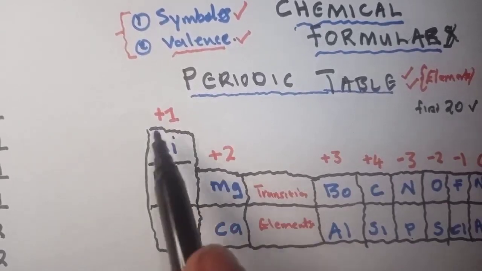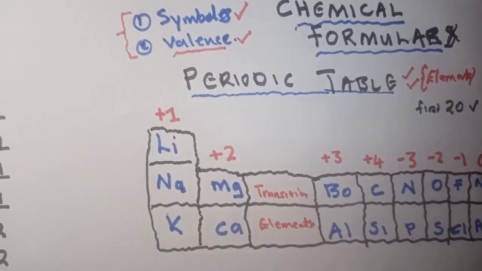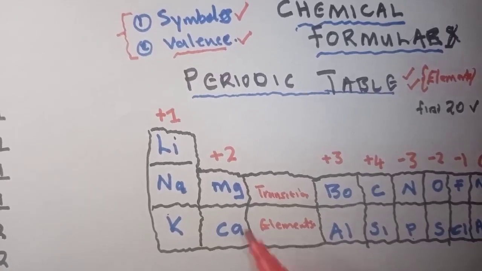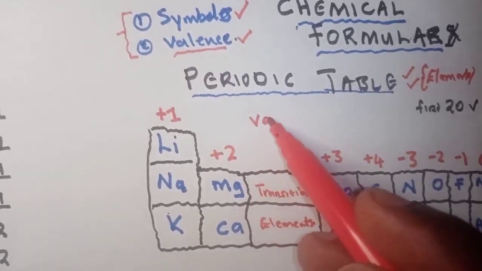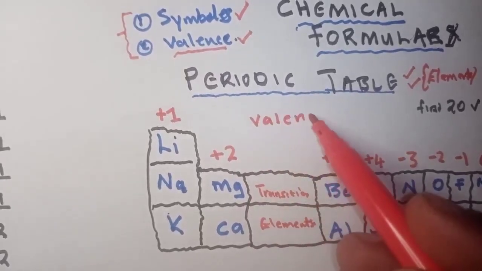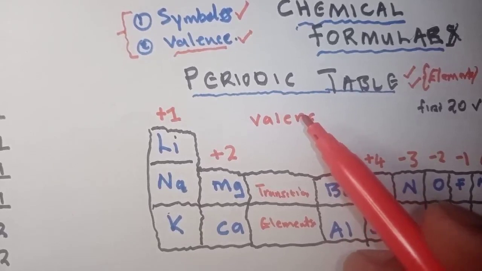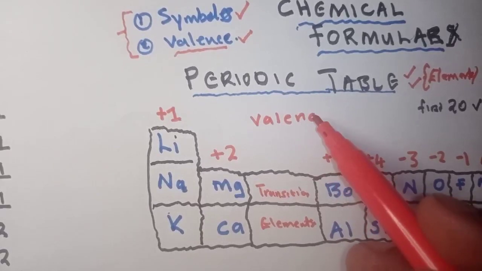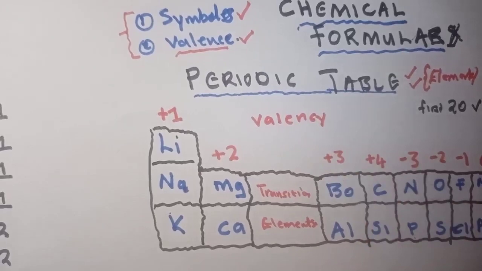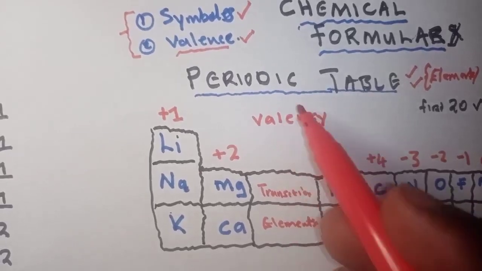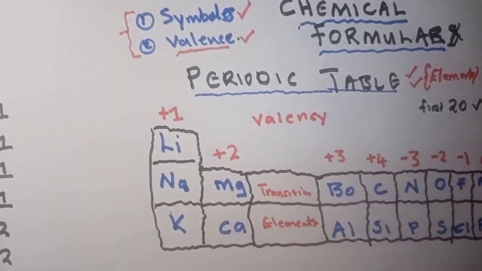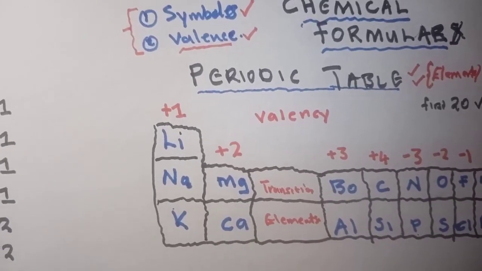These that I've written here in red, this is what we call the valency, or the valence. The valency is also called the combining power, and we'll see why it's called the combining power.